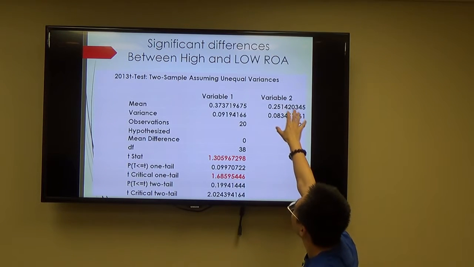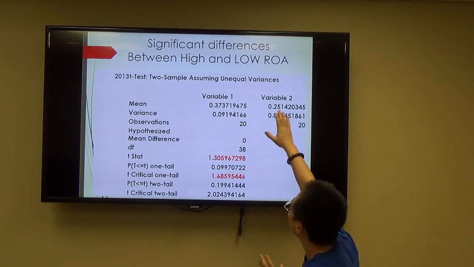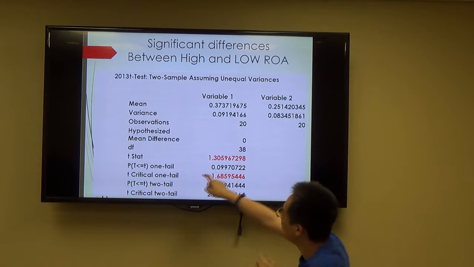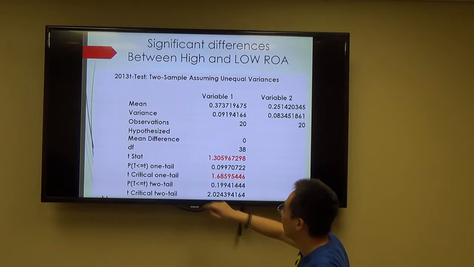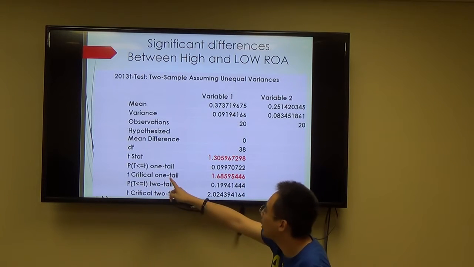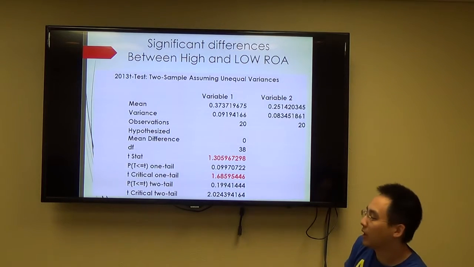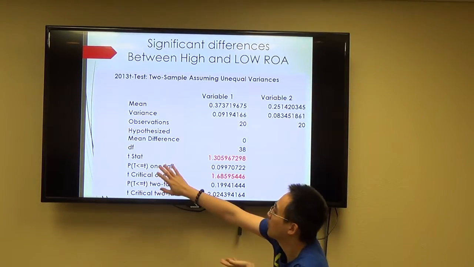For 2013, the T statistic is about 1.305, and the T critical for one-tail. Why do I use one-tail? Because one-tail means we can prove one thing is better than another thing. So I use the one-tail model.